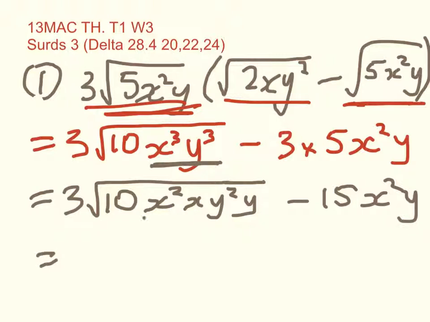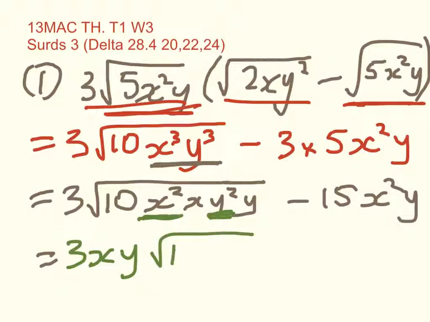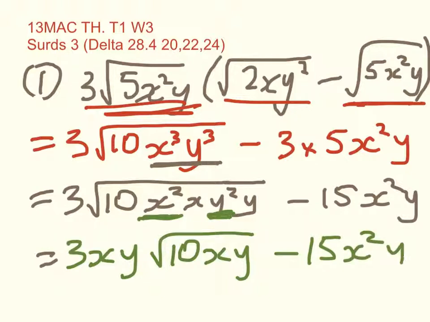So we can now take a square root of x squared and a square root of y squared, and we write that out the front. So we get 3xy root 10xy minus 15x squared y.